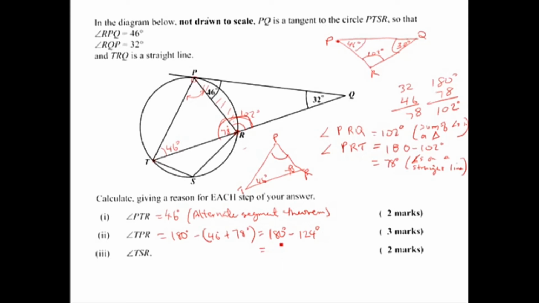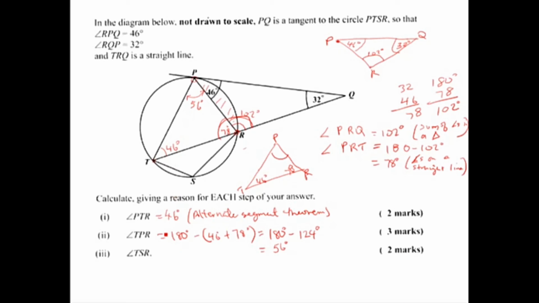That should give us 56 degrees. Let's check that: 6 plus 4 is 10, and 130 plus 50 is 180. Yeah. So this angle here should be 56 degrees.